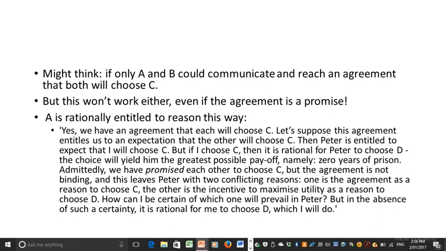Well, let's suppose the agreement entitles us to an expectation that the other will choose C. Now, we may not actually be justified in that expectation.